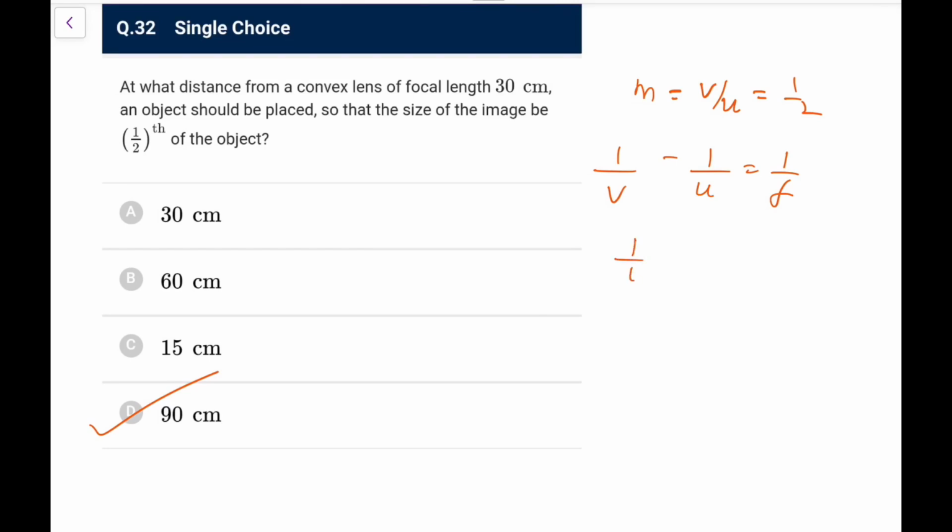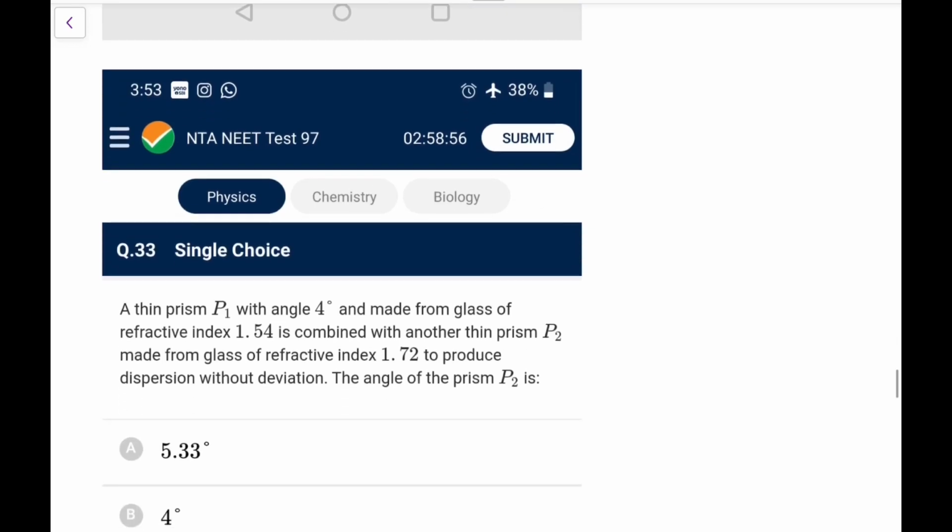What we are left with, sorry, it should be minus half, that I should do because it would be a real image, it would be an inverted one. So I can write 1 by v is equal to minus 2 by u, so it becomes minus 3 by u equal to 1 by f. So u becomes minus 3f, that is minus 90 centimeters, or 90 centimeters you can go.